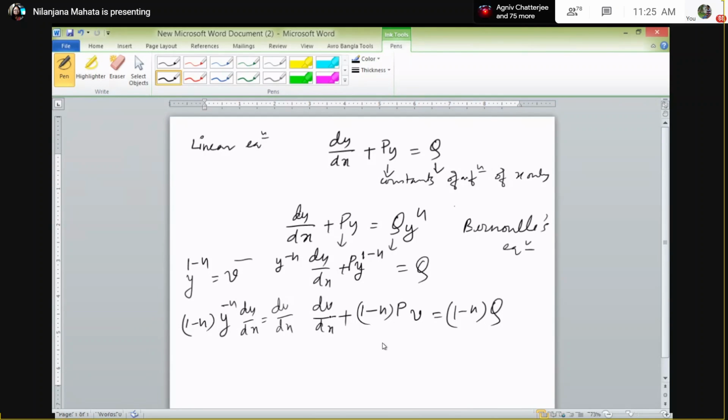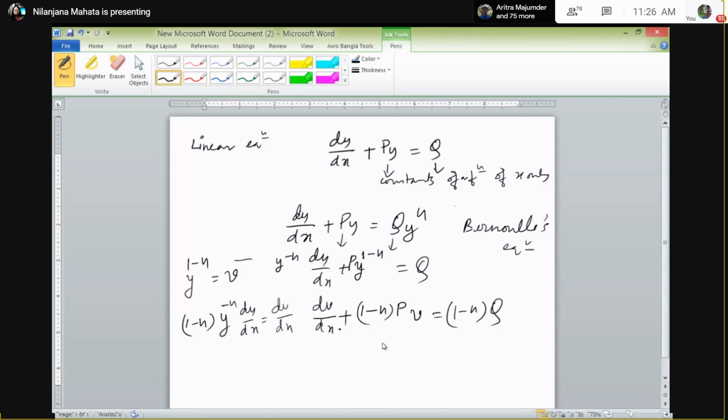So this is in the form dy/dx plus Py is equal to Q, the form of a linear equation. So this is free from y, and this P is here given by 1 minus n into P. Here y is v, and your Q is 1 minus n into Q.